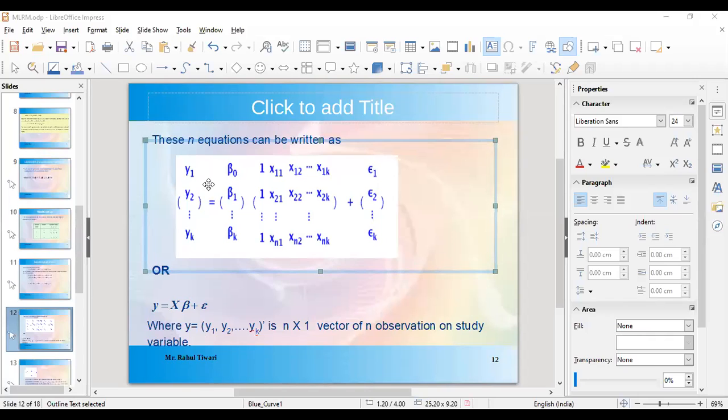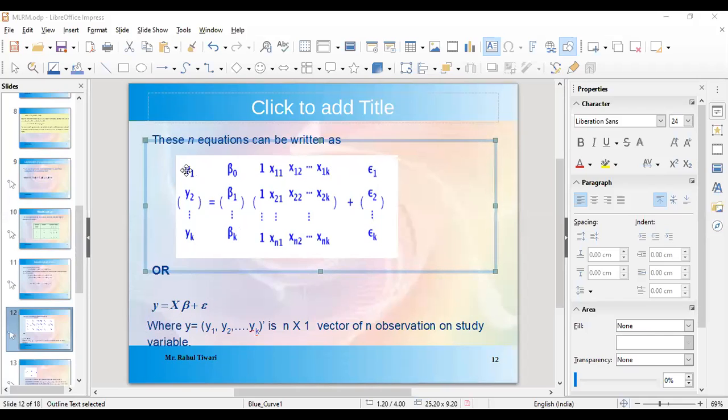You can see the form of the matrix. This is the y, your response variable. This is your constants beta 1, beta 2, beta k, and that is your equation: actual data plus error term. Now these equations can be written in the form of a matrix. So y is equal to x beta plus epsilon.